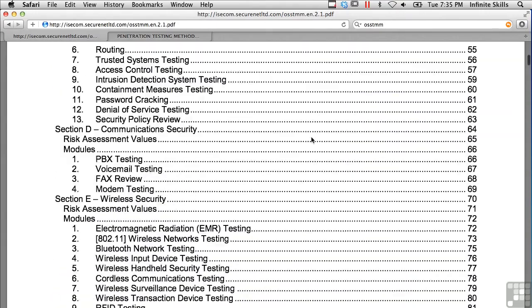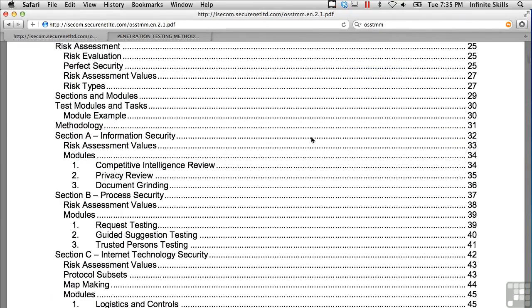But let's take a quick skim through the table of contents. Section A is information security, and they talk about doing a competitive intelligence review and a privacy review and just document grinding. And document grinding is getting architecture documents and policies and procedures and any sort of documentation that you can get from your client or your target and just digging through it to see what you can find and what you can learn.